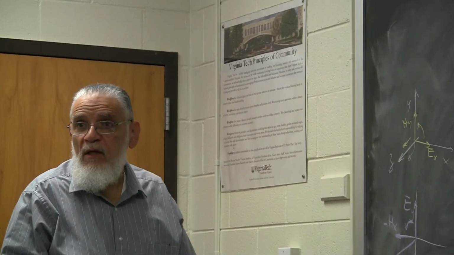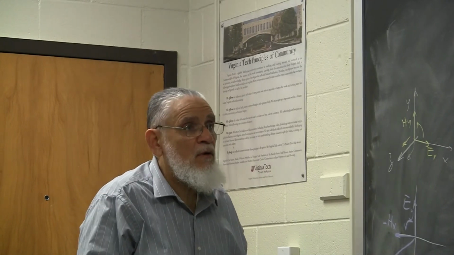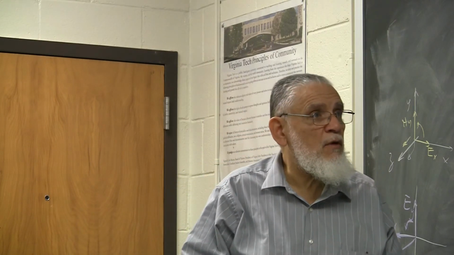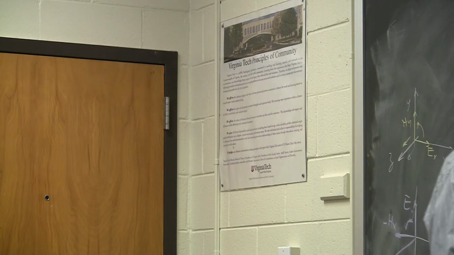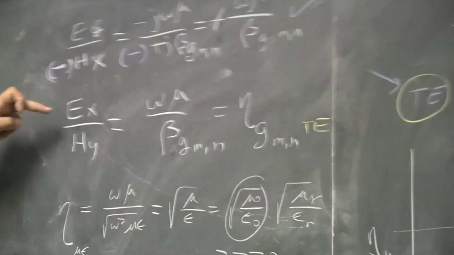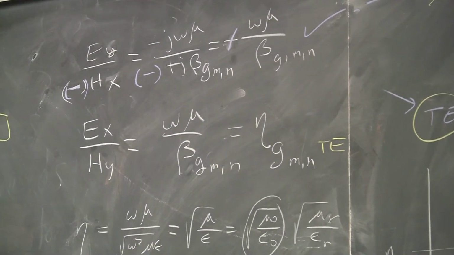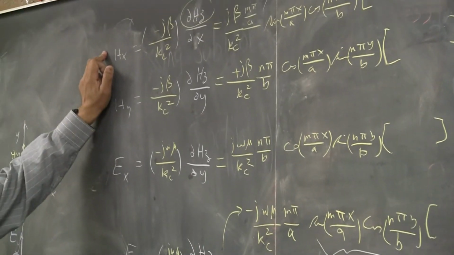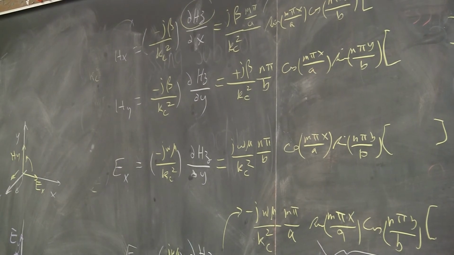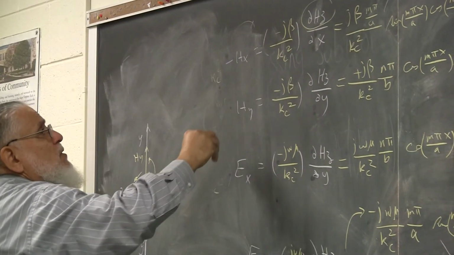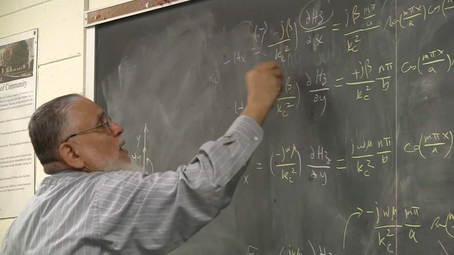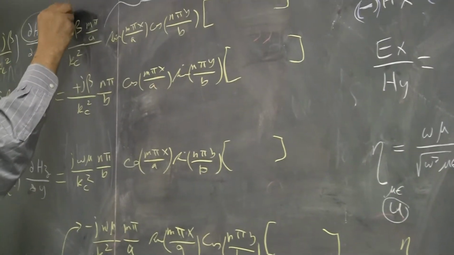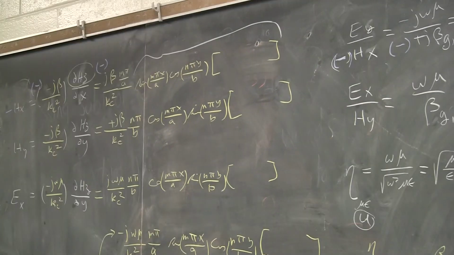Obviously, if you want to worry about the Poynting vector, the Poynting vector is what? It is E cross H, right? The Poynting vector is E cross H. You have two components to that. You have the EX cross HY and the EY cross HX. Since we need to worry about negative HX, I'm going to put a negative sign to all that, because that's the one I should be working with.